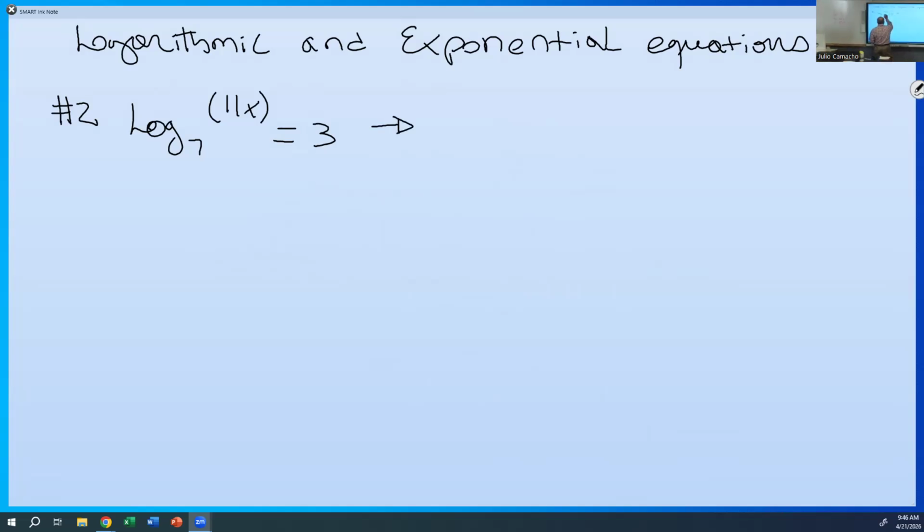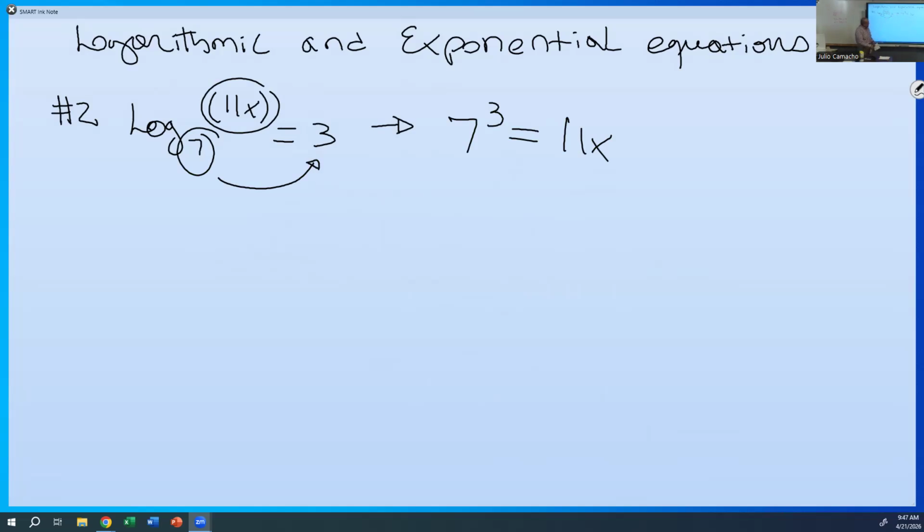Remember, it's the base raised to whatever is on the other side of the equal sign. So you have 7 to the third power, and we set it equal to the exponent, 11x. What will be my next step?